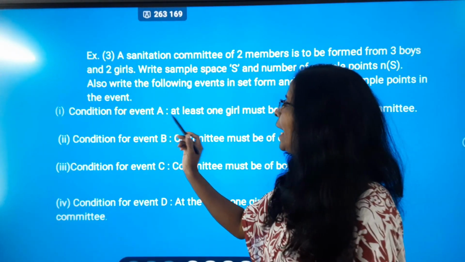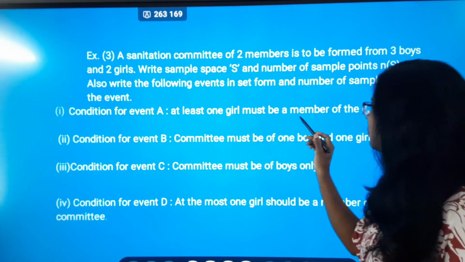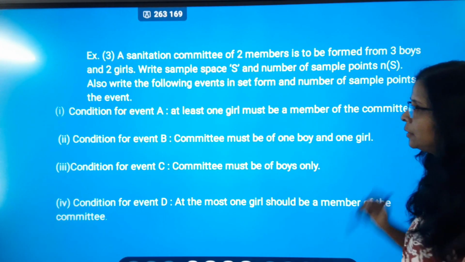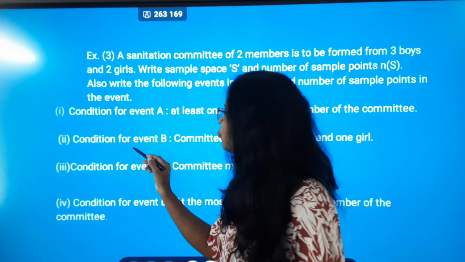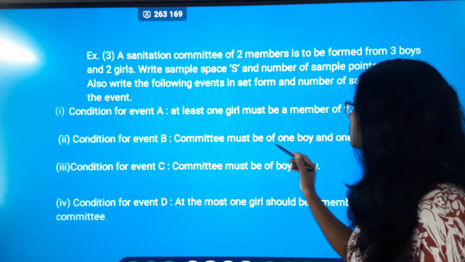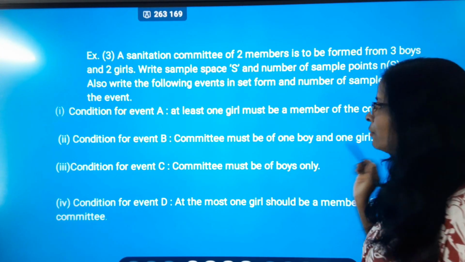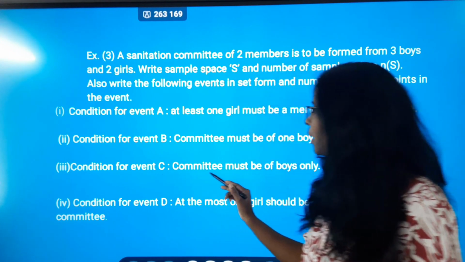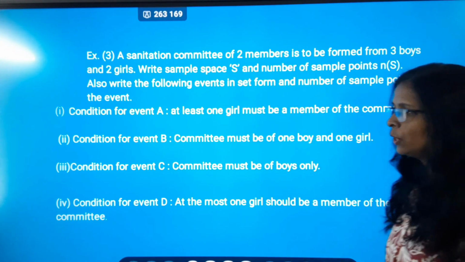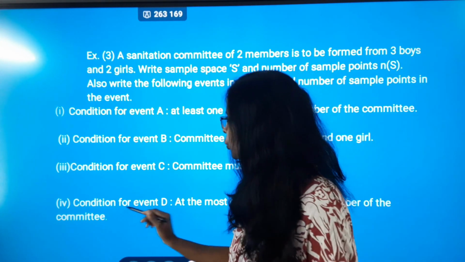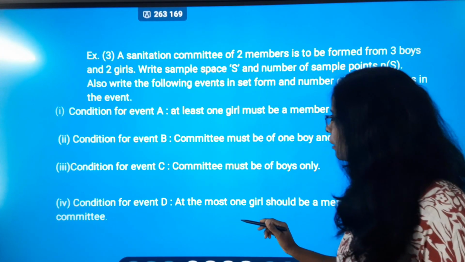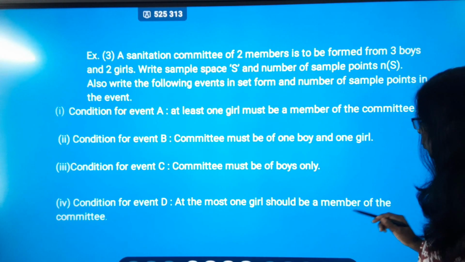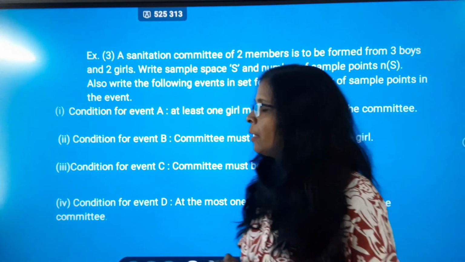Condition for event A: at least one girl must be a member of the committee. Event B: the committee must be of one boy and one girl. Event C: the committee must be of boys only. Event D: at the most one girl should be a member of the committee.